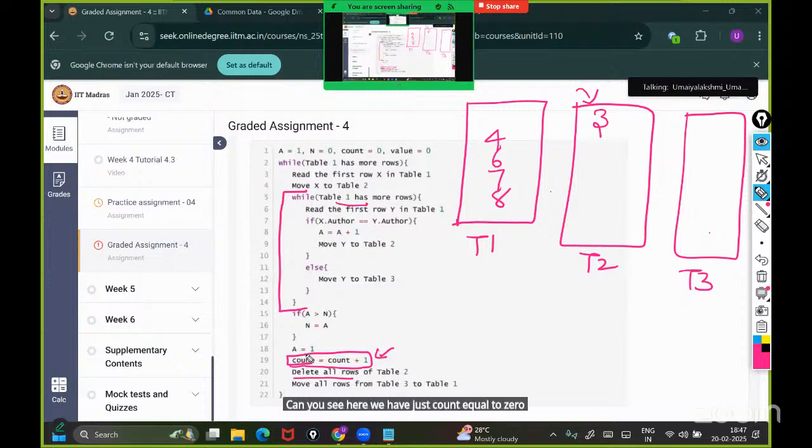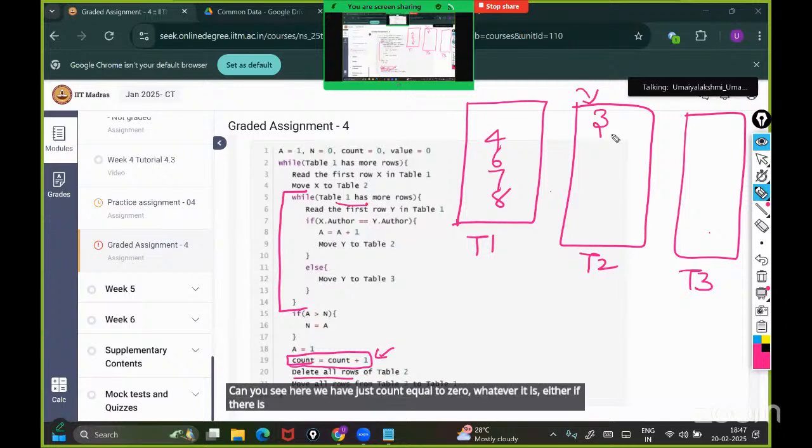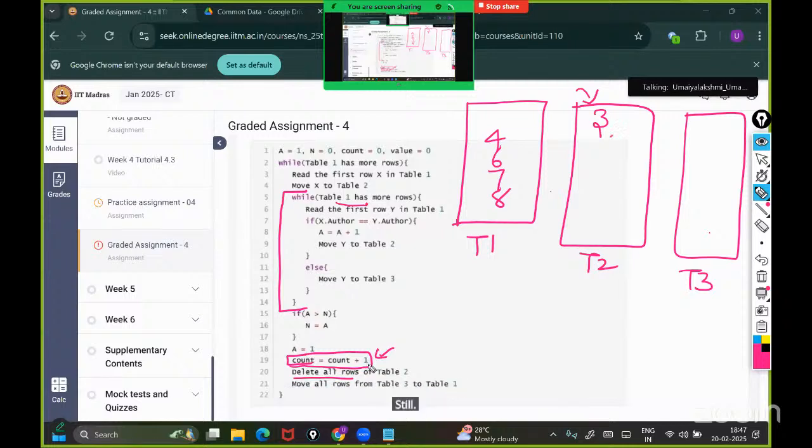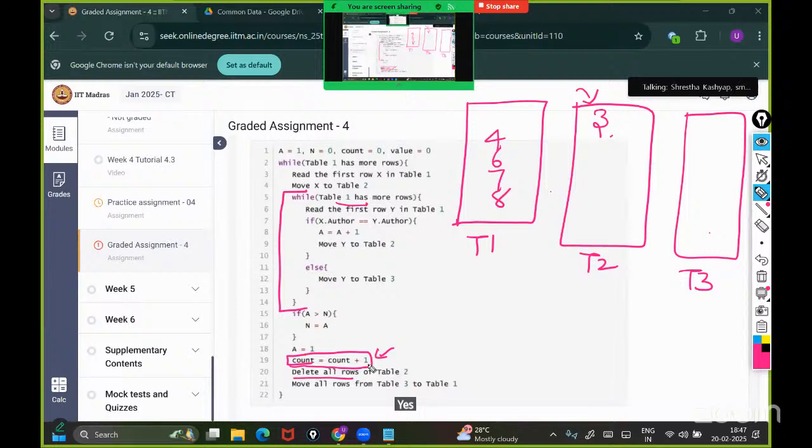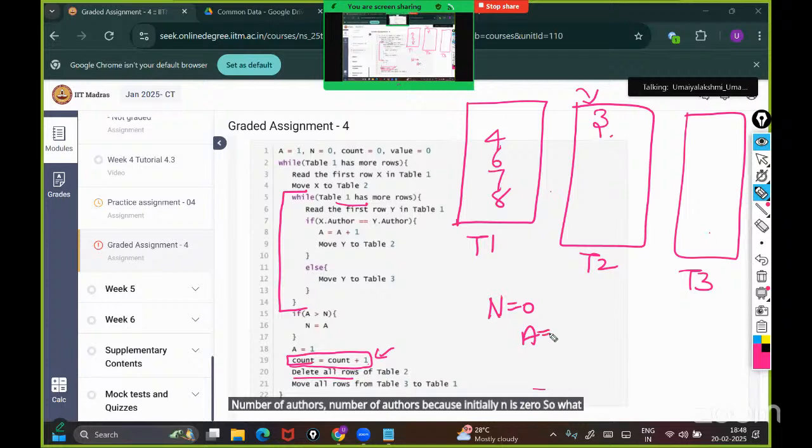Whatever it is, even if there is only one, let's say for 3 there is no match, the count will still work, right? So this is to find the number of unique authors. And N will also contain the same number of books by the same author, because initially N is 0. So the A value I have got here is 3.